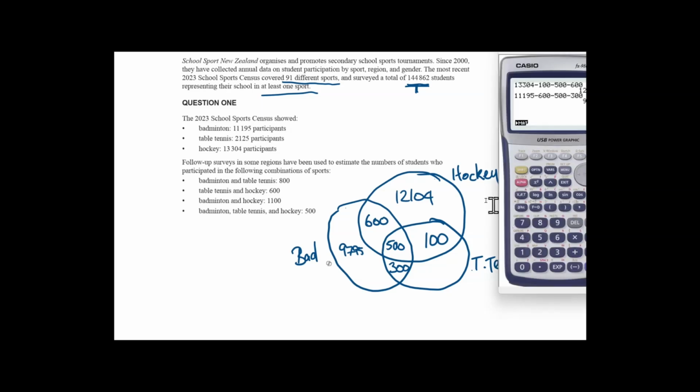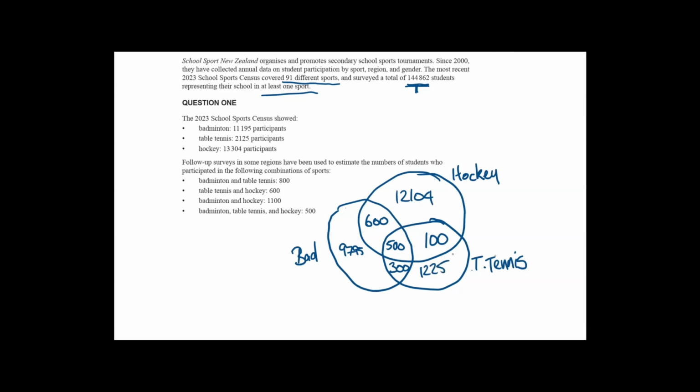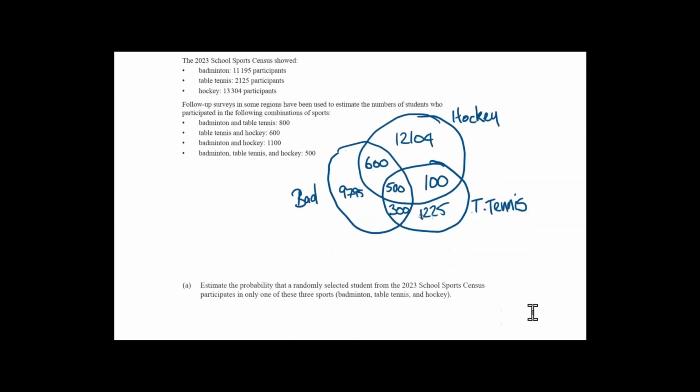And lastly, we can do table tennis. Table tennis, there are 2125. It would be more than that, minus 300, minus 500, minus 100, 1225. Okay. I don't think they're going to give us any marks for that, but I think you need to be able to do that to solve it.